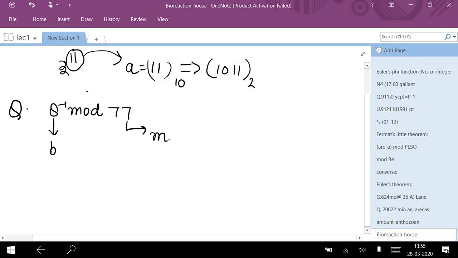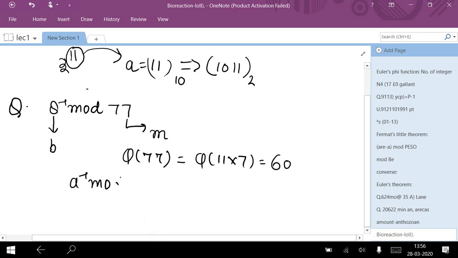Now apply Euler's phi function here. First calculate phi of 77, which is 11 into 7, meaning 60. So what is the equation? A inverse mod n equals a to the power phi n minus 1 mod 77. That was the equation.